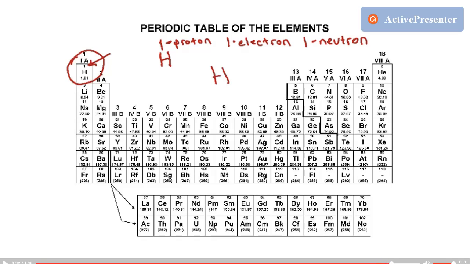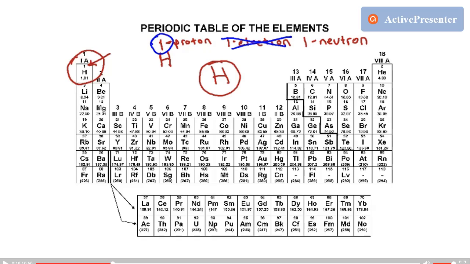So that's H, hydrogen. But if you take away the electron, that's going to take away 1 negative charge, leaving just the 1 positive charge for a proton, leaving it a hydrogen plus, H plus.